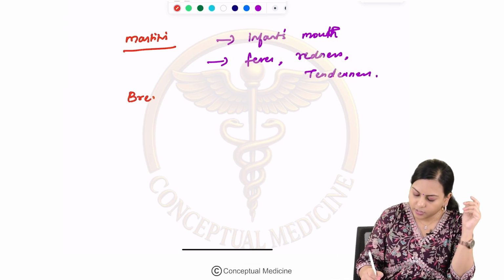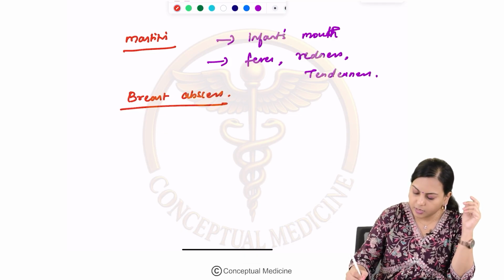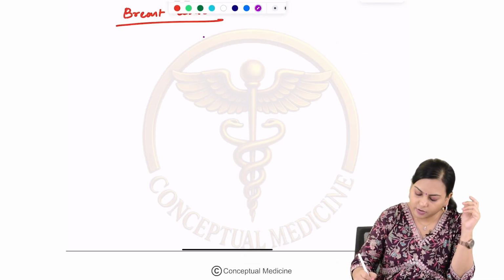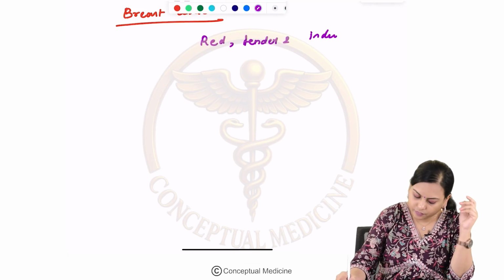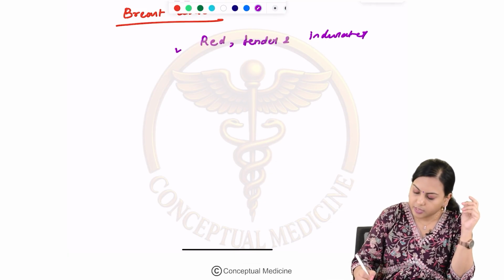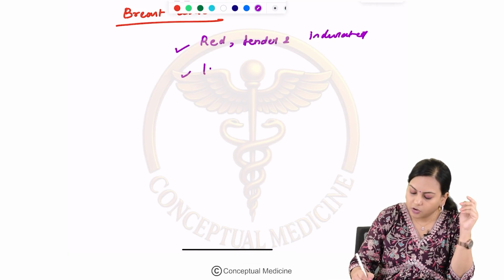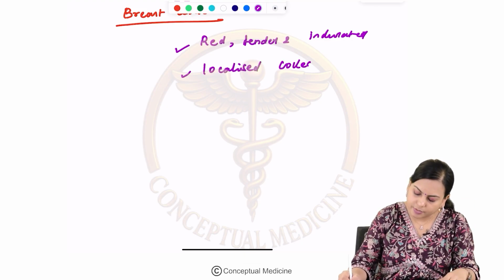Then we will see what is breast abscess. Here the breast is red, tender and indurated. There is localized collection of pus present in the breast abscess.